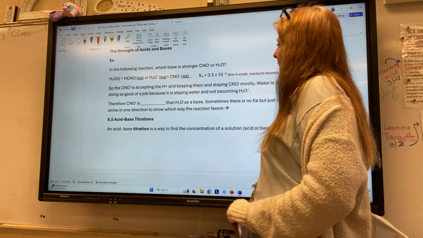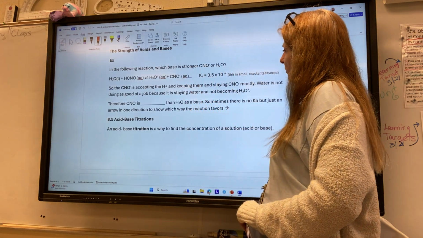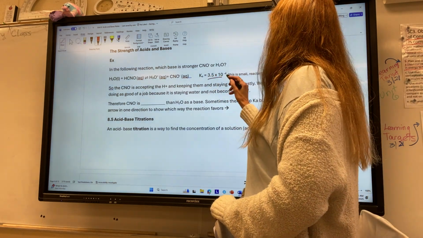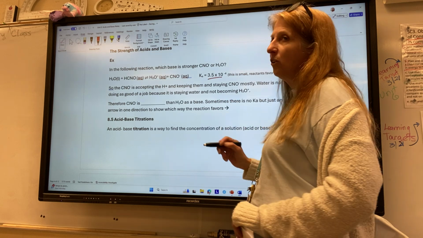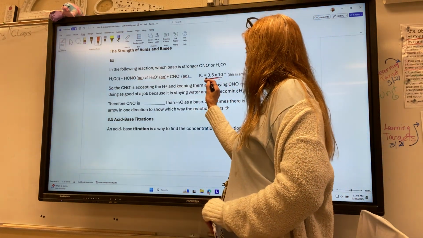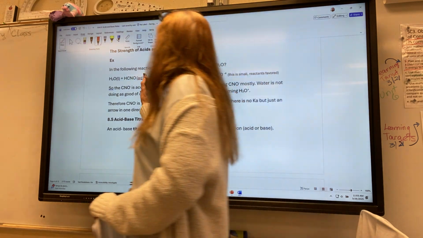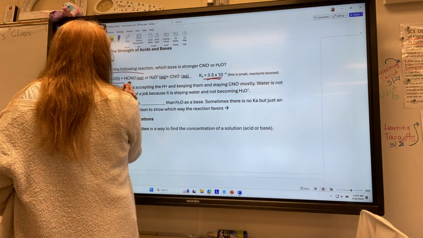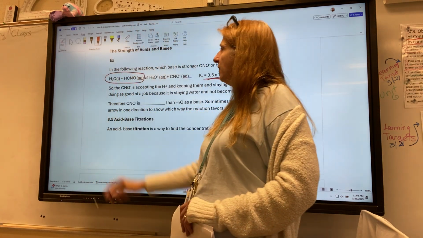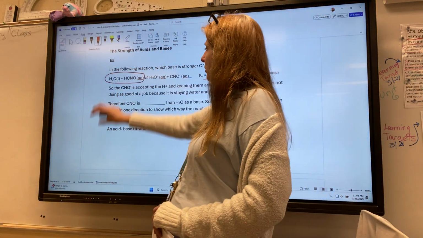And we have an acid dissociation constant Ka there. This is a number. It's small, so this is how you know what's going on here. You look at this and you go, this is small. My reactants are going to be favored. Even though this is an equilibrium, mostly this is what is being pulled to.